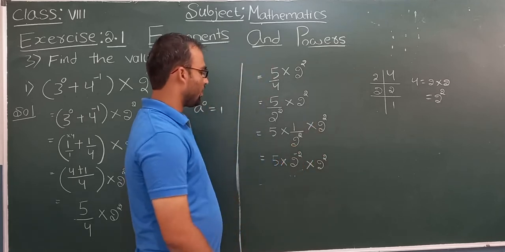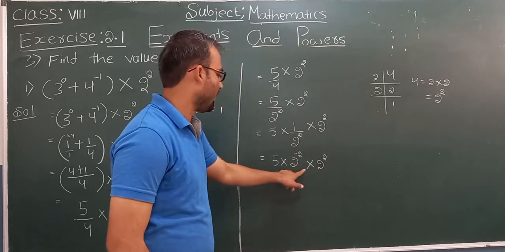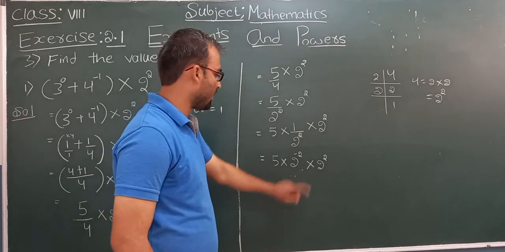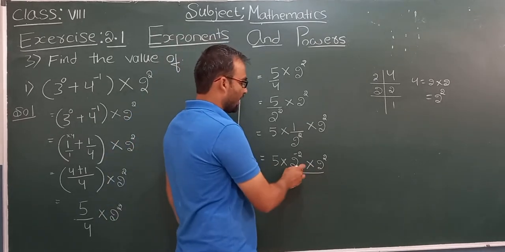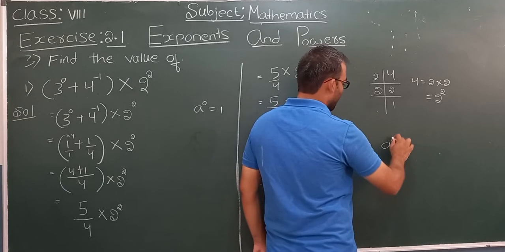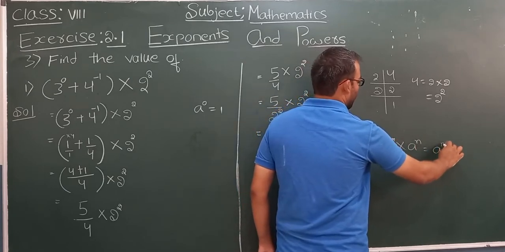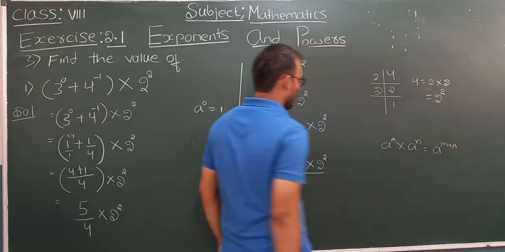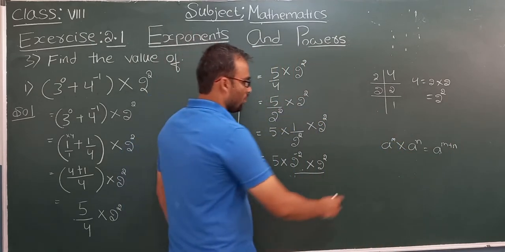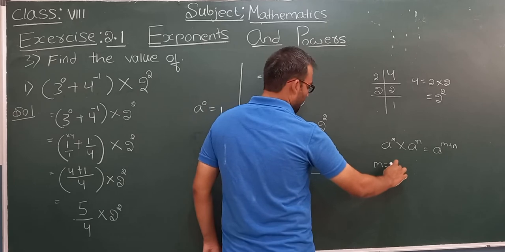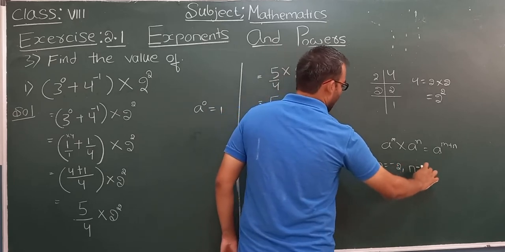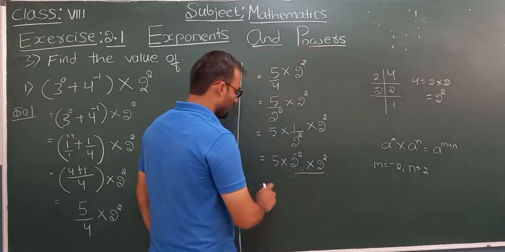Now just look here, students. Bases are the same, and in between a multiplication sign is there. So this can be solved using the formula a power m into a power n equals a power m plus n. Here m is minus 2 and n is 2.